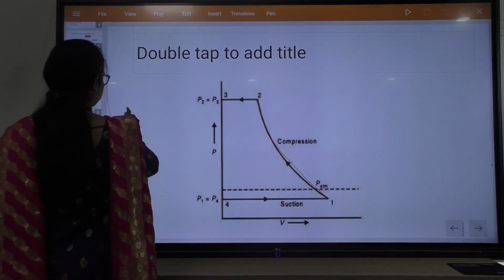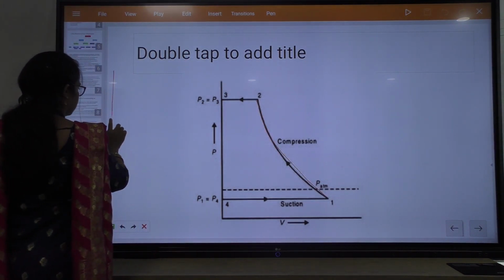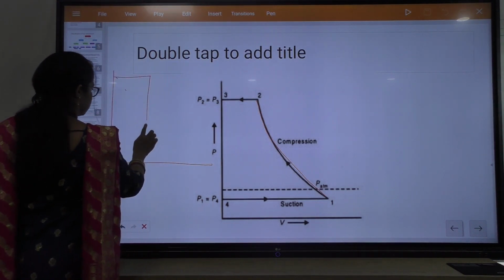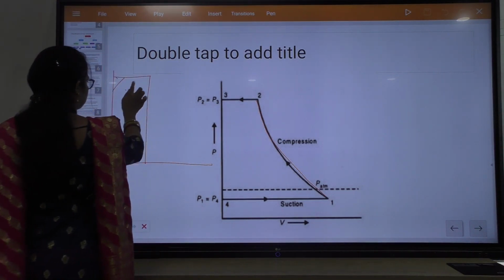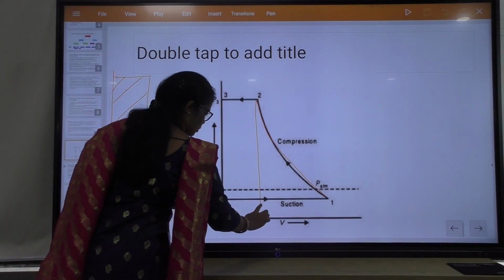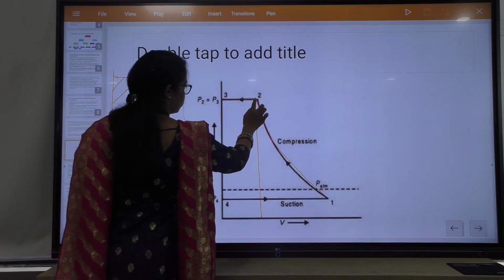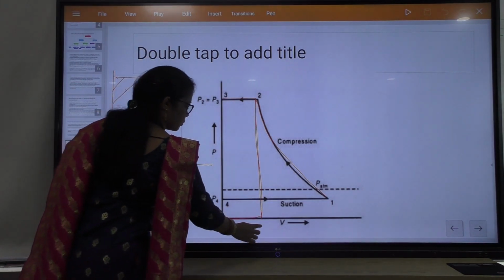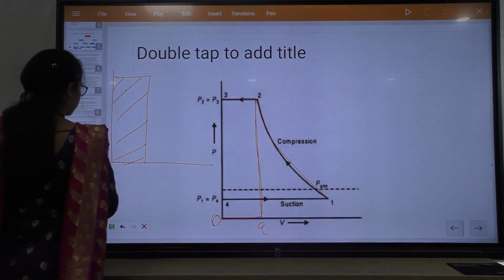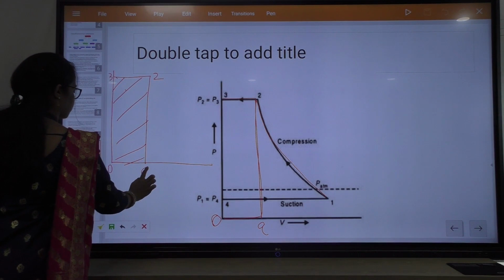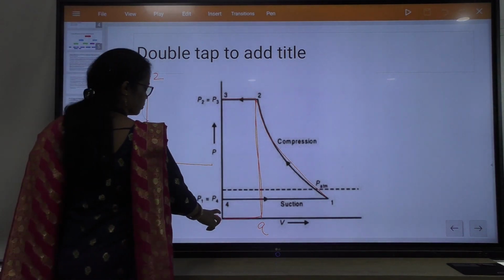We have to draw another diagram. First, this one. This line 2, 3, and suppose this is O, this is A. This is 2, 3, O, A. What is the pressure value?